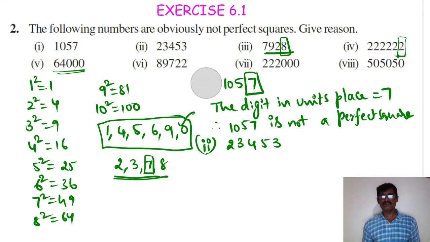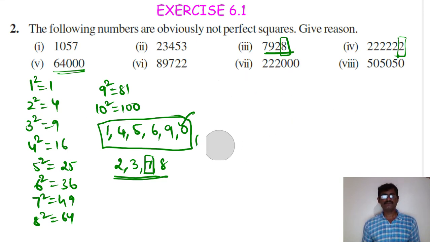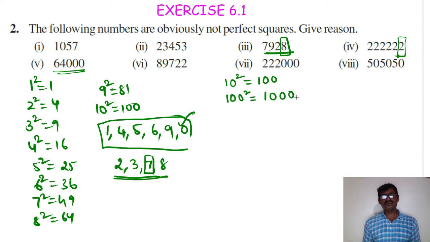Now let us observe 10 squared. 10 squared equals how much? 100. 100 squared equals how much? 10,000. Now 1000 squared: here we have 3 zeros, and in the square of this number we have 6 zeros.